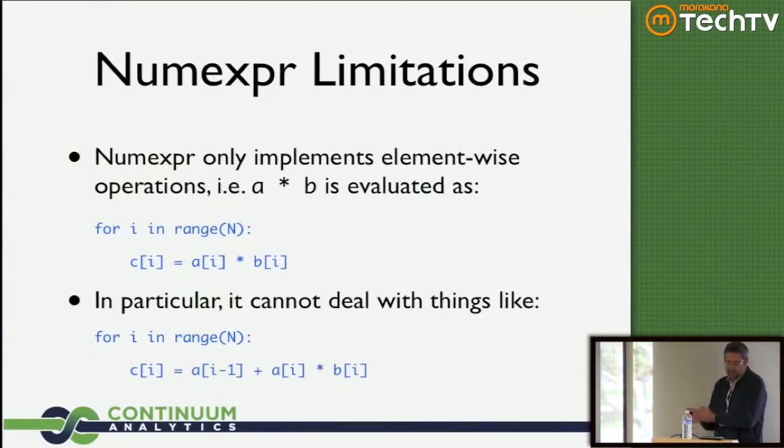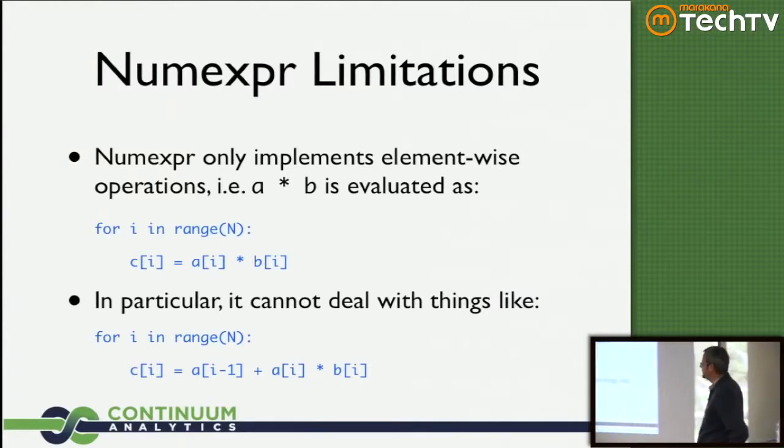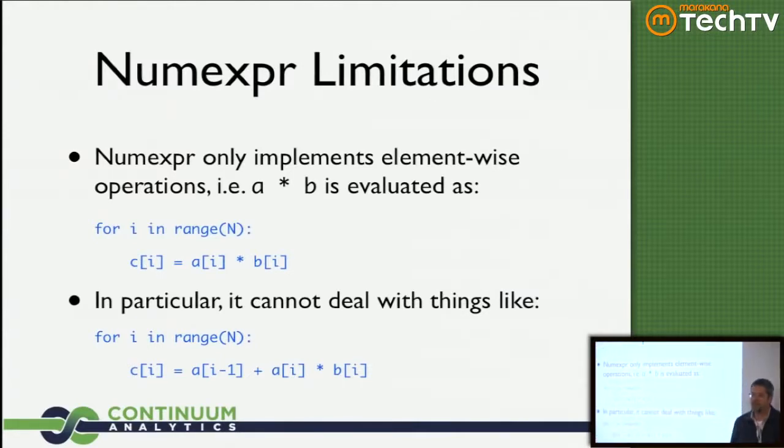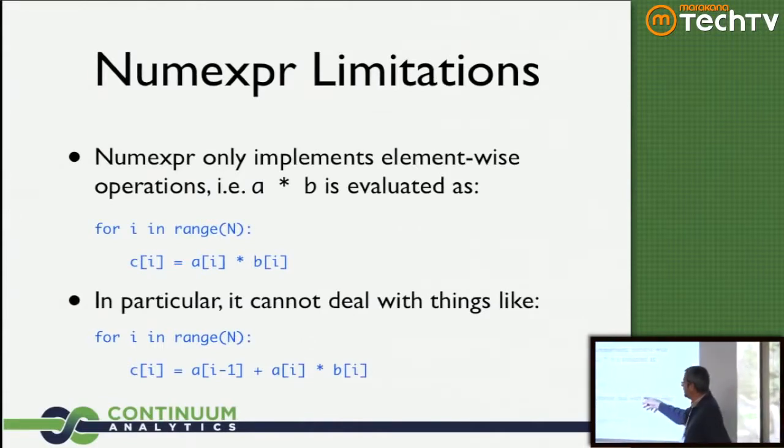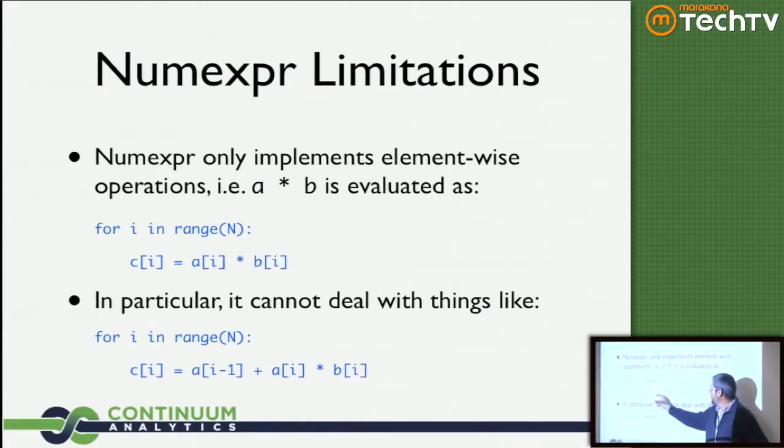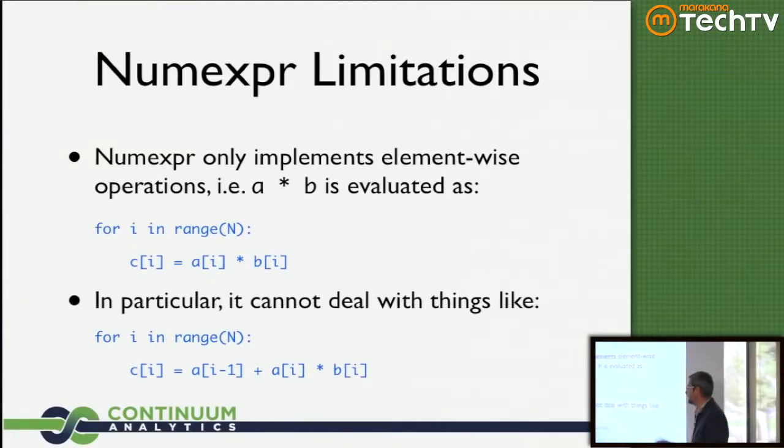But Numexpr also has limitations. One of the limitations is that Numexpr only implements element-wise operations. So it can only deal with expressions where you can do operations element by element, always using the same index between the vectors or matrices.